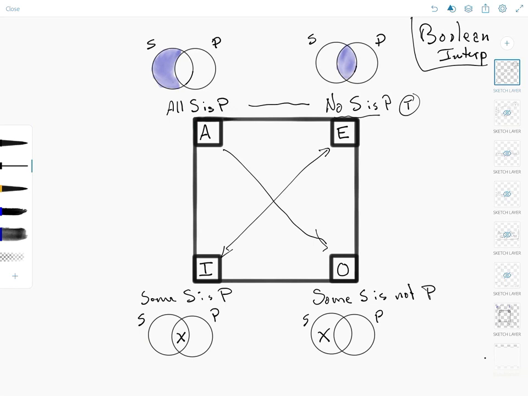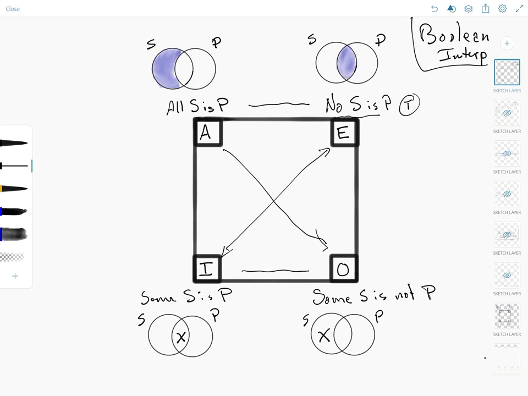But if both of those can be true, then we have a problem with subcontraries, because what we said about subcontraries is that they cannot both be false, but they might both be true. But think about it. If the two subcontraries are false, then all that really means is that there are no S's.